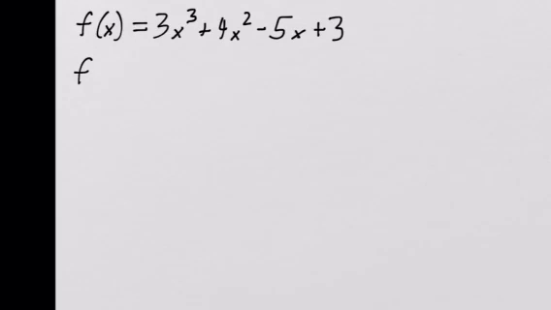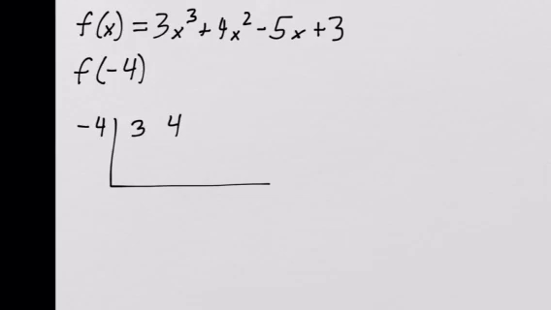And we want to find f of negative 4. So all we're going to do is set up the synthetic division with a negative 4 in there, and we get 3, 4, negative 5, 3 on the inside.